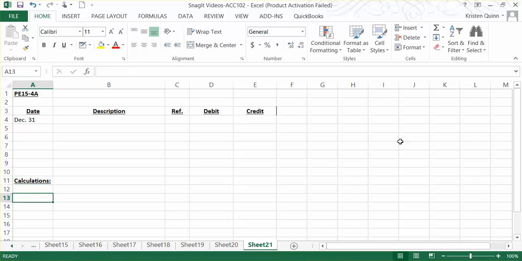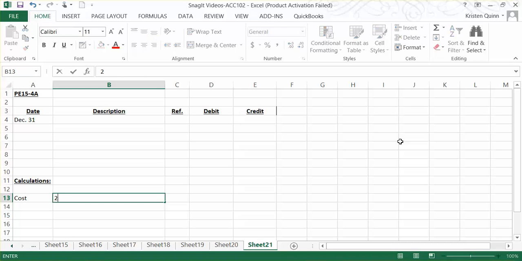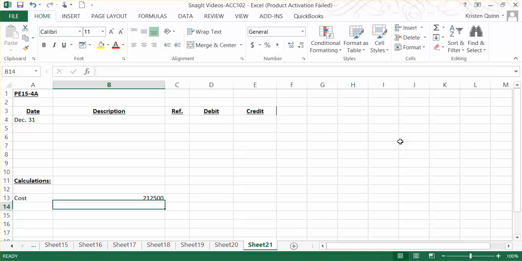So they tell us that our cost of our trading security portfolio was $212,500. When they're talking about a trading security portfolio, it's just telling us that all of our investments that we have classified as trading securities in total cost us $212,500.